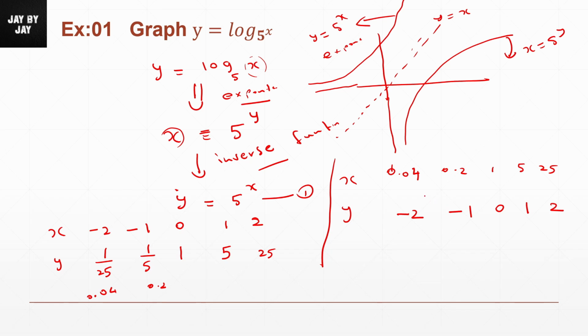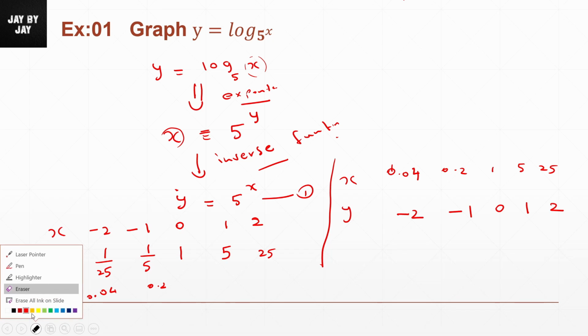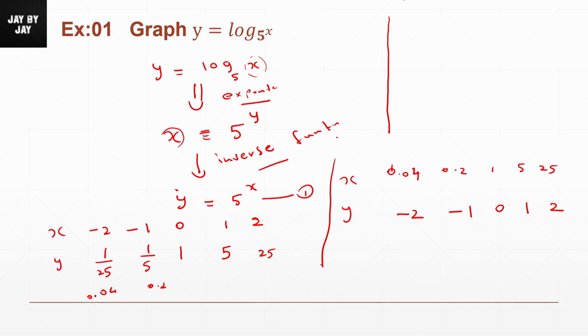Okay, so now you can draw the particular graph. In order to do that, you first of all need to erase some of this graph. Now you can draw this graph very easily.